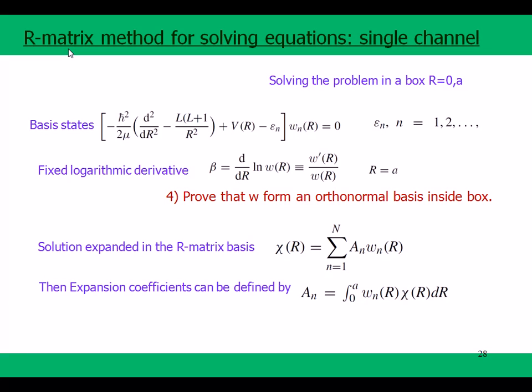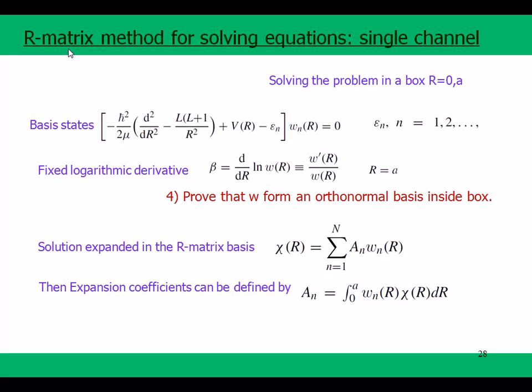If this forms an orthonormal set, you can expand your solution in terms of these basis states, and that gives you the solution everywhere inside the box, where these states form an orthonormal set. Naturally, they do not form an orthonormal set outside the box. They're just nothing outside the box, but inside the box, they give you a complete set.